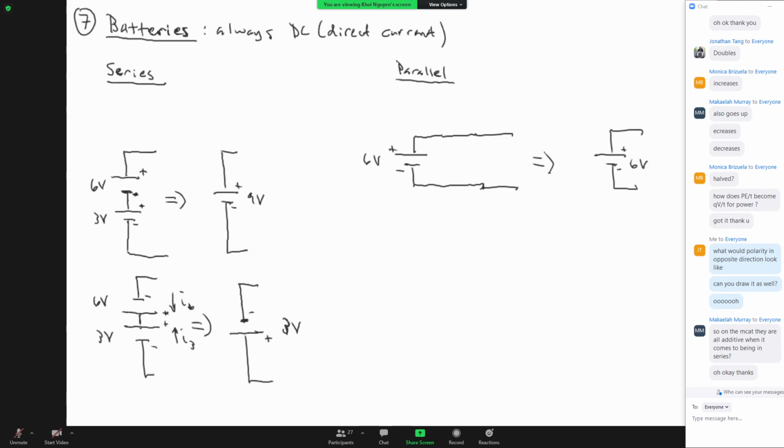If I took the other one out, I put this one back, and I took the other one out, it's still 6 volts supplying current to the circuit. That's why I said parallel cases is always an added layer of redundancy. Okay?